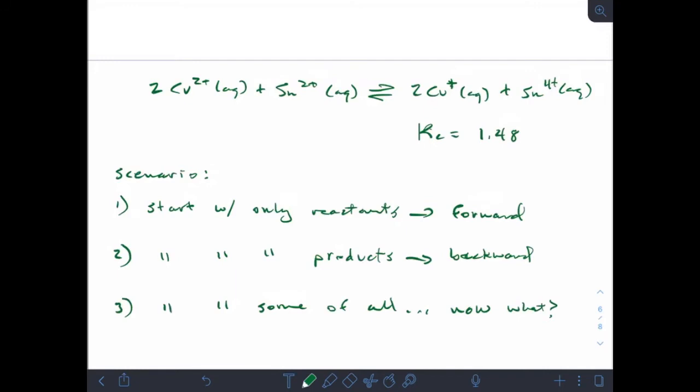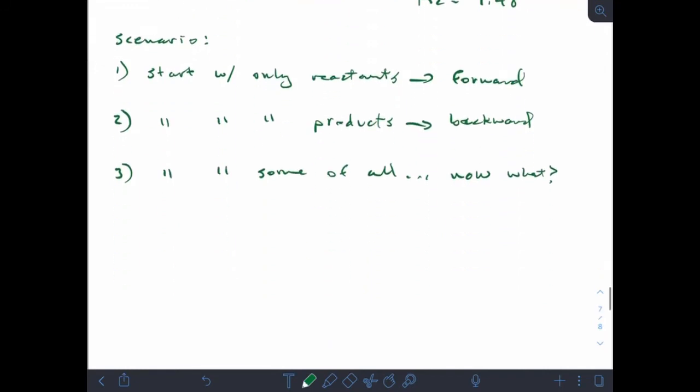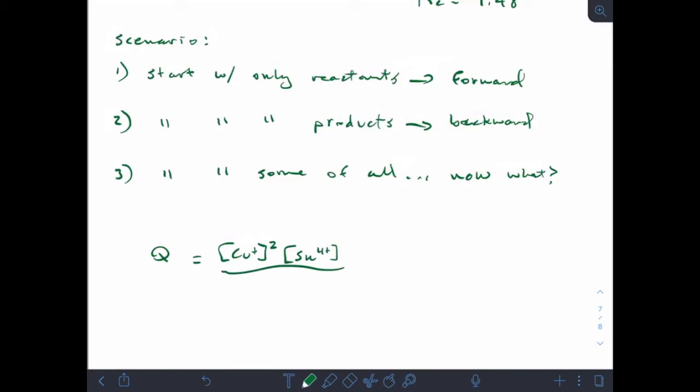Okay, so what we're going to do is write a Q expression, right? Q will tell us which direction a reaction will go in order to reach equilibrium, or if we're already at equilibrium, okay? So for this particular reaction, my Q expression looks exactly like my K expression. So I'll have copper plus squared, some tin 4 plus. They're all aqueous, so they all go in our expression. Right?